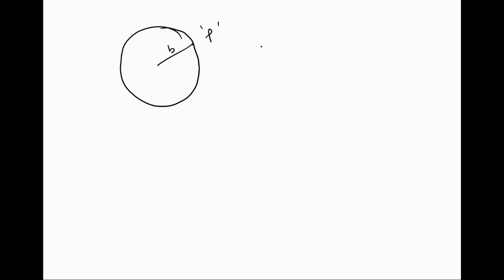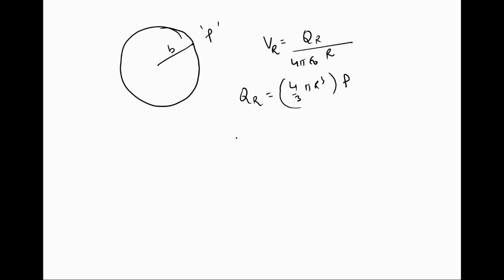We know that the potential of a uniformly charged sphere at a given point r from the center of this sphere is q_r over 4 pi epsilon naught r, where q_r is the charge enclosed, 4 by 3 pi r cube into rho.